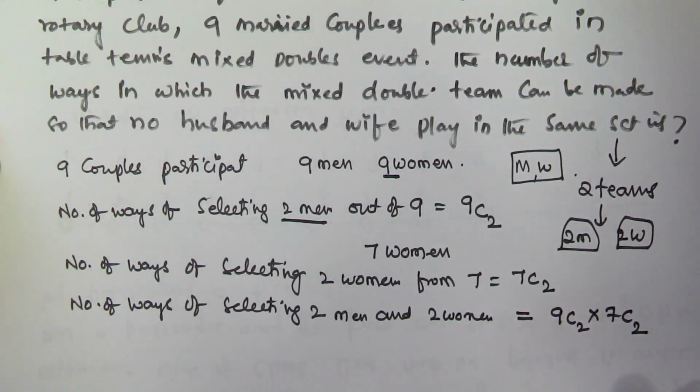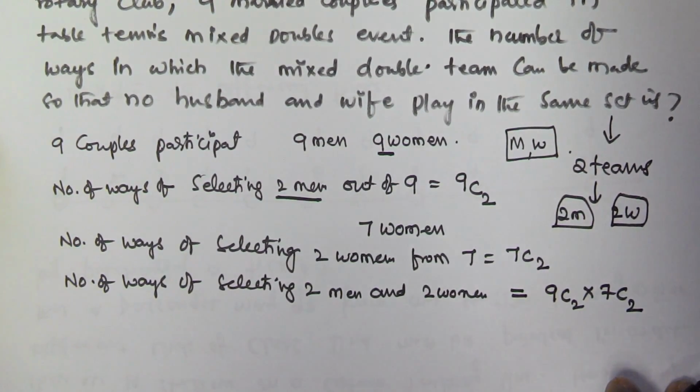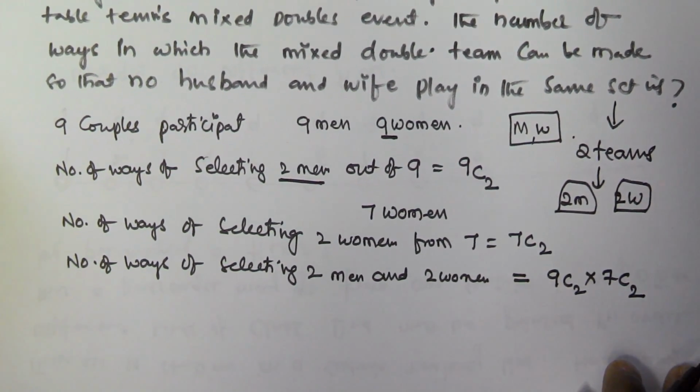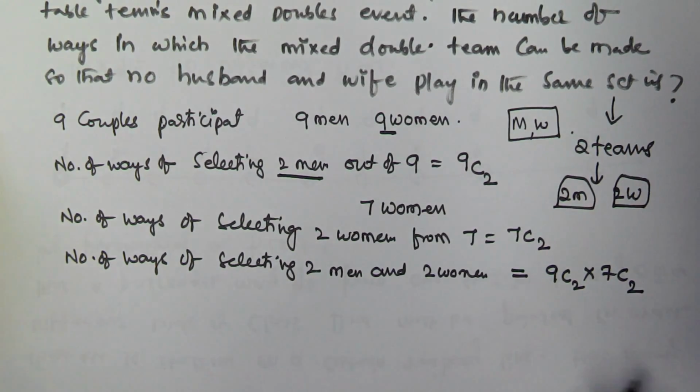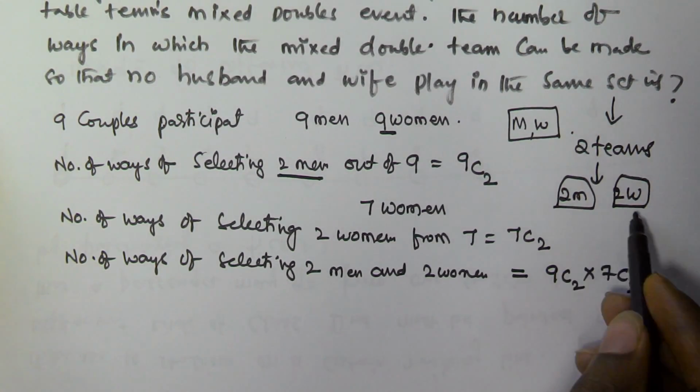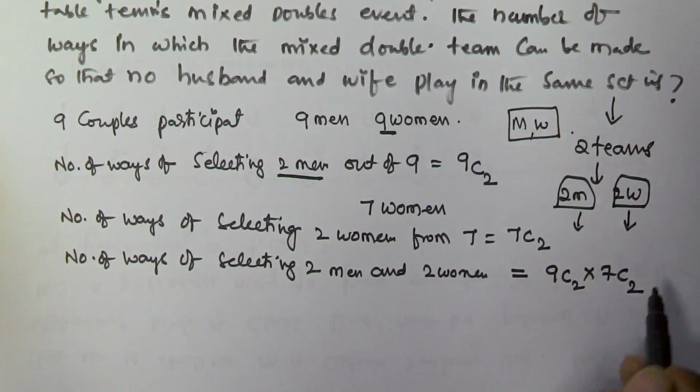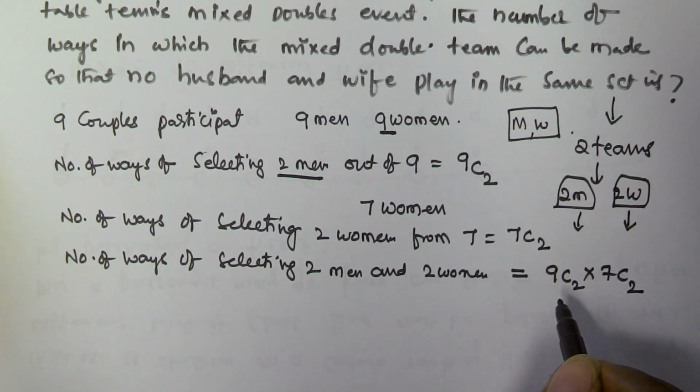Now we have selected 4 people, 2 men and 2 women, but using them we can form 2 teams.